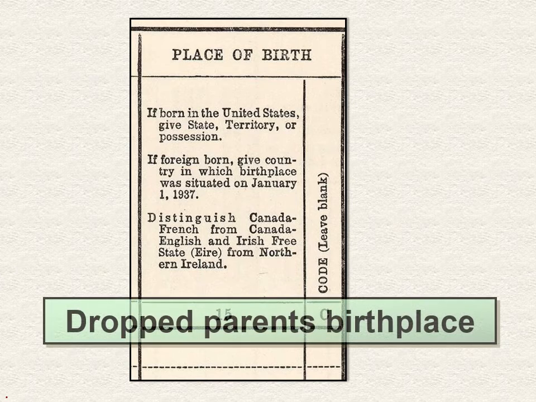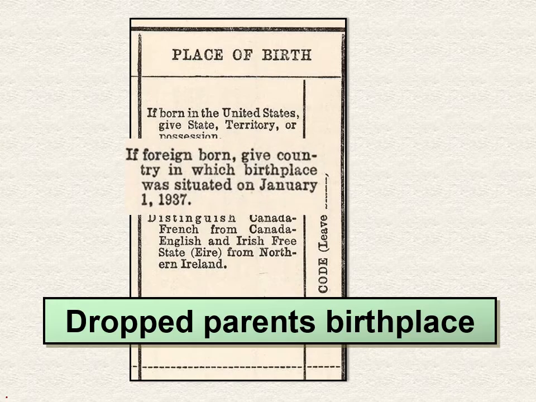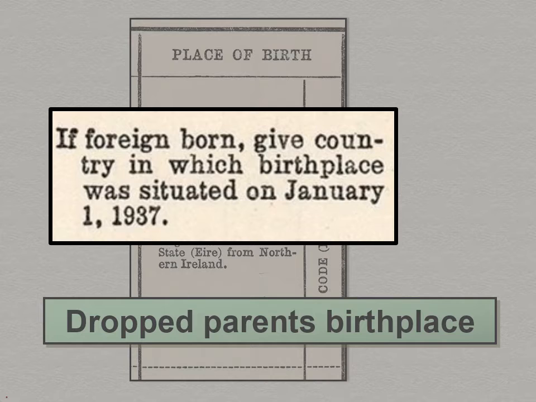The place of birth is interesting. They dropped the parent's birthplace on the regular form, but not, I think, on the sample, as we will see. And this was a strange question: if foreign-born, give the country in which the birthplace was situated on January 1st, 1937.